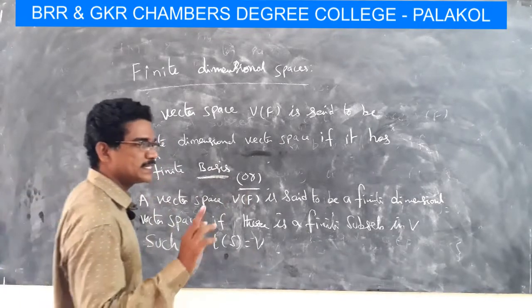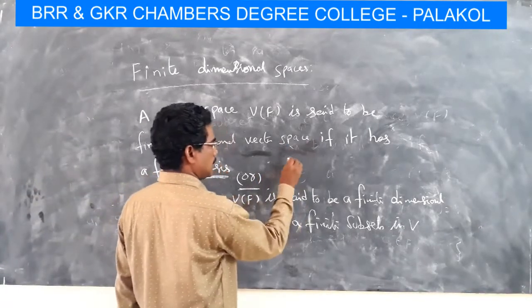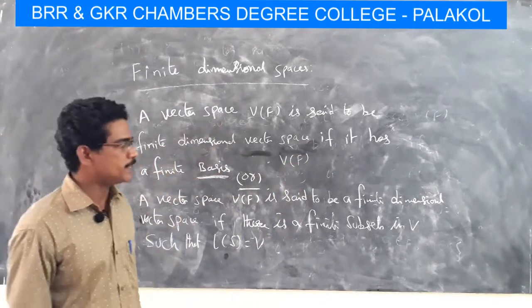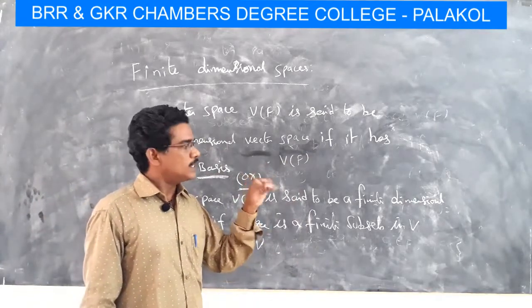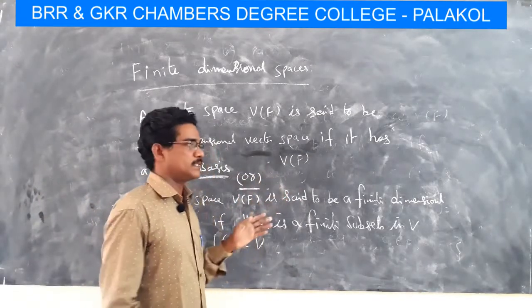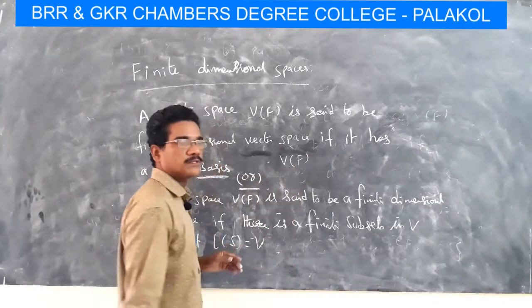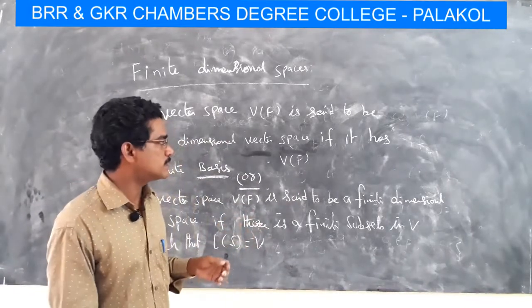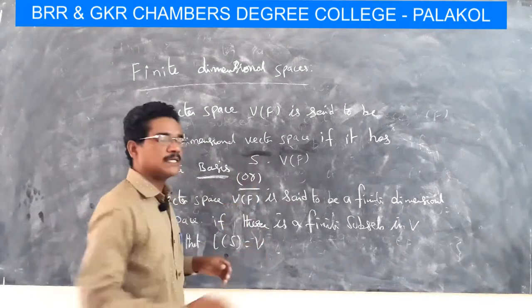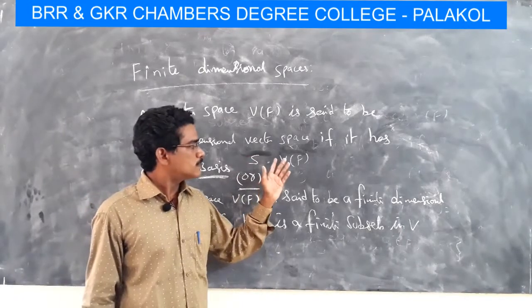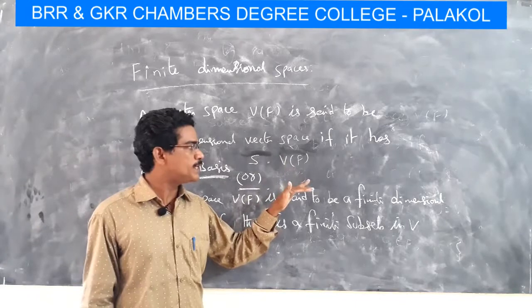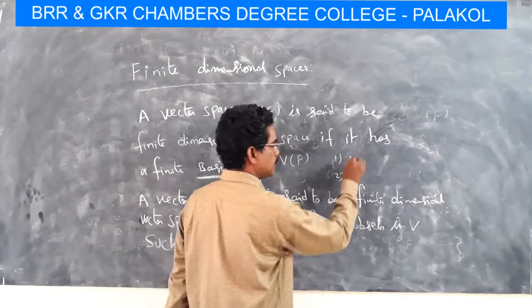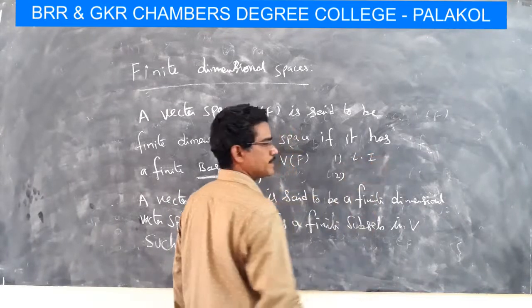Already we know what a basis means. Suppose V over F is a vector space, and suppose S is a subset of V over F. S is said to be a basis if two conditions hold. First, S is linearly independent.